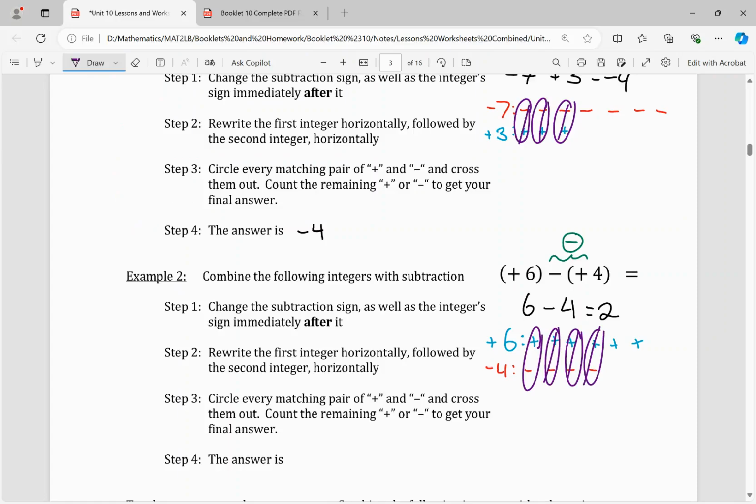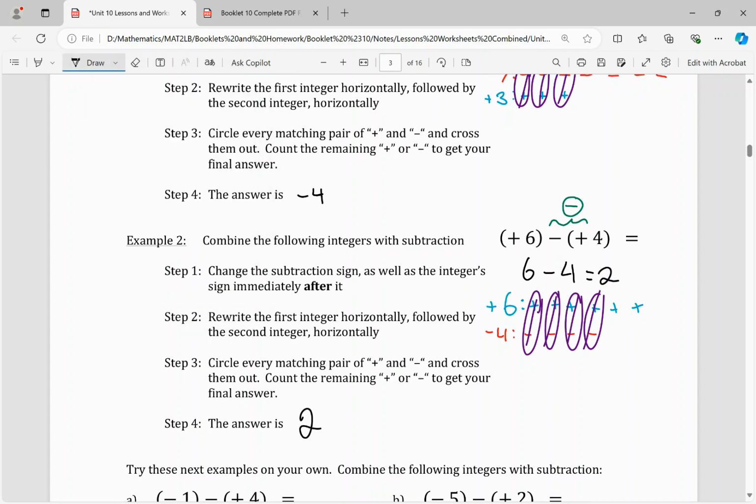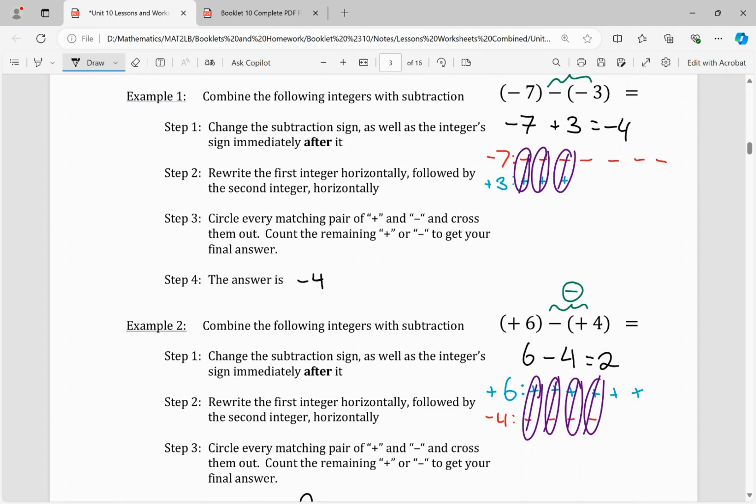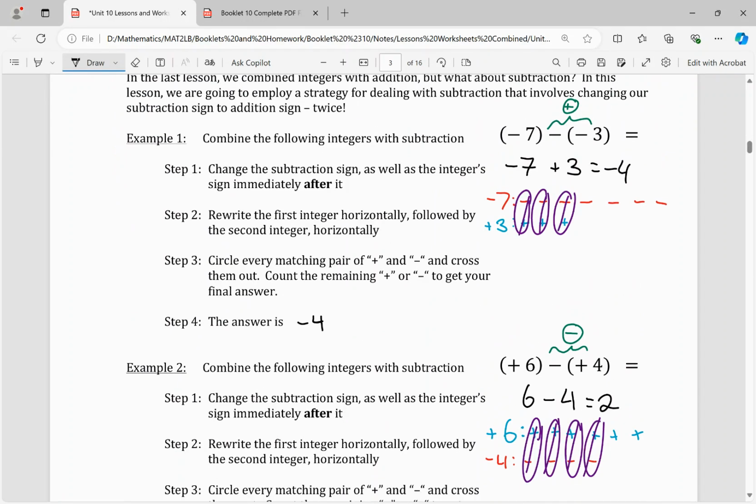And when we cross that out, we're left with +2. Right, this method is helpful, but sometimes the answer is obvious, like in example 2. However, when we end up with a negative number, this method really helps us to visualize why we end up with a -4 and not a +4. Okay?